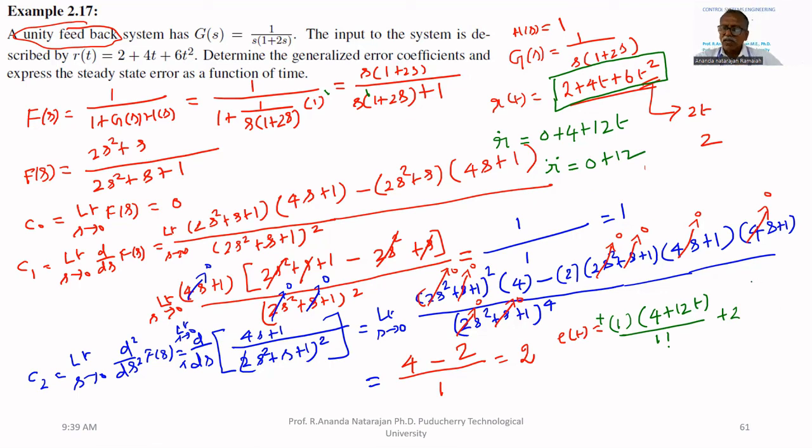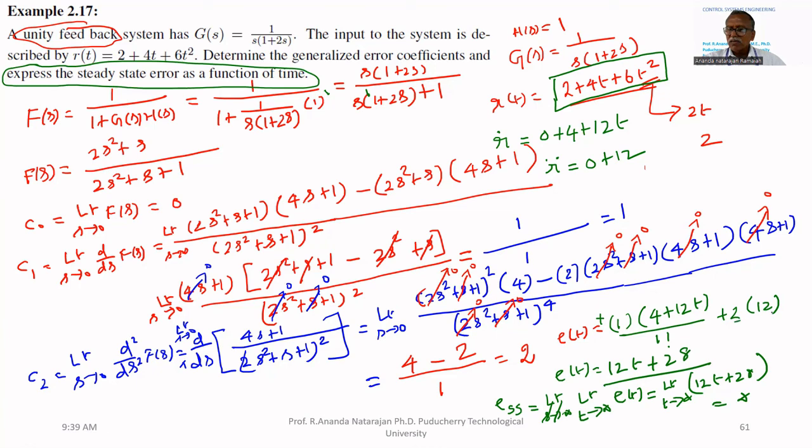R double dot equal to 12. That's all. 12 divided by 2 factorial, and the 2 factorial gets cancelled. Therefore, 12 plus 4, 16. Anyhow, the answer is infinite.